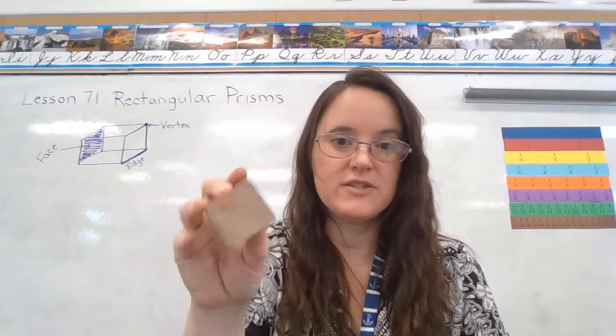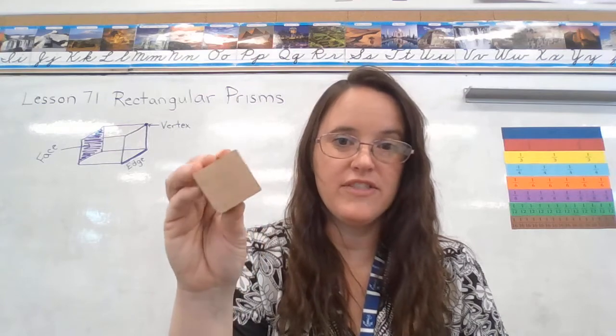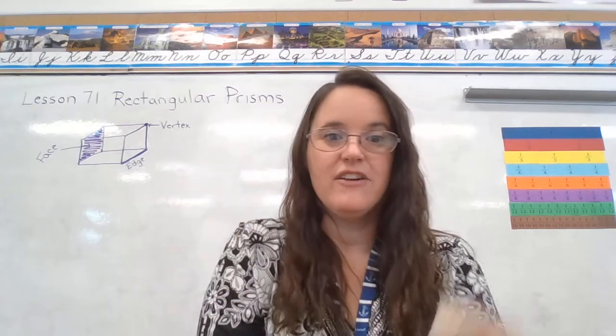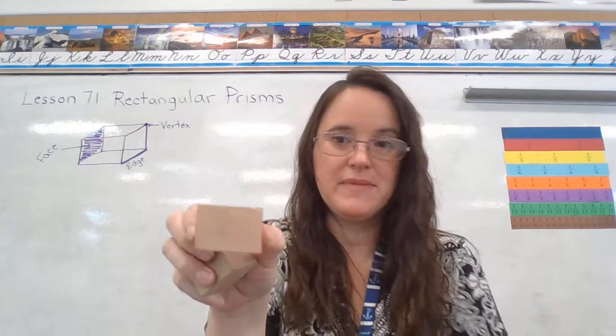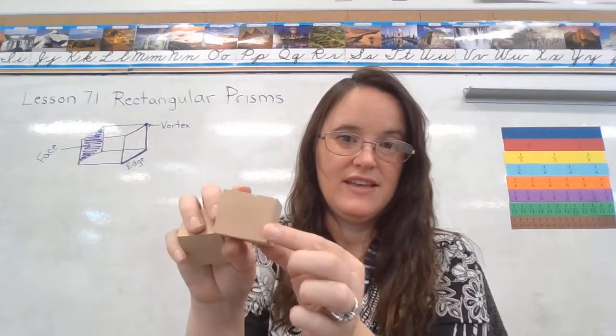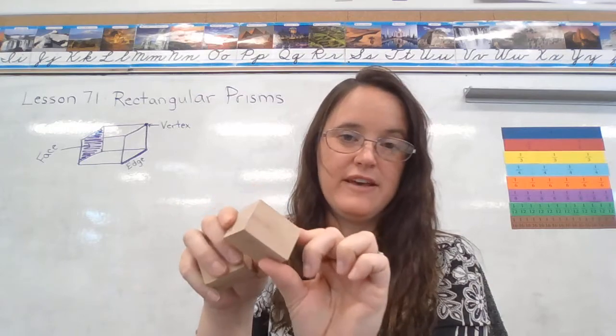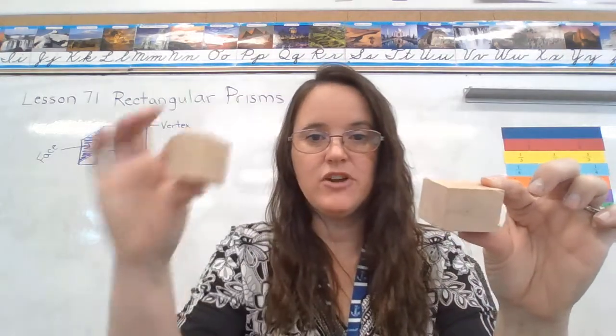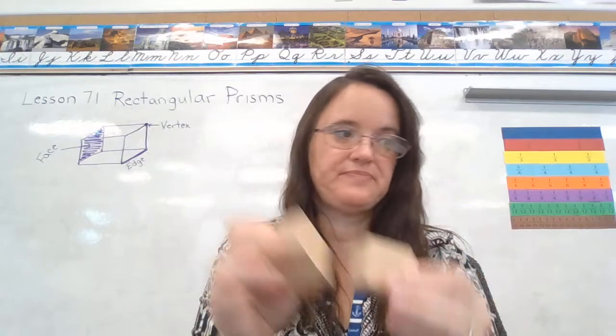So a cube is a rectangular prism where all the faces are square, versus this rectangular prism, none of my faces are square, and certainly not all of them. So rectangular prism here, cube here.